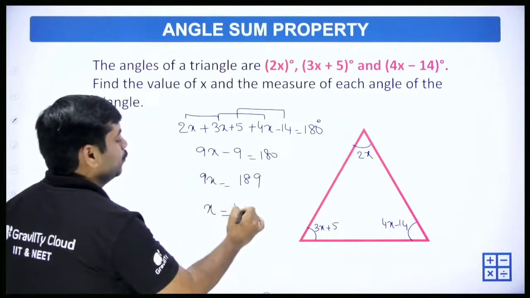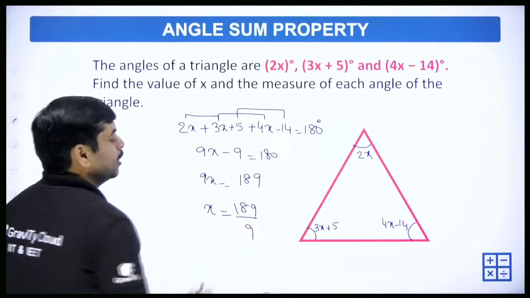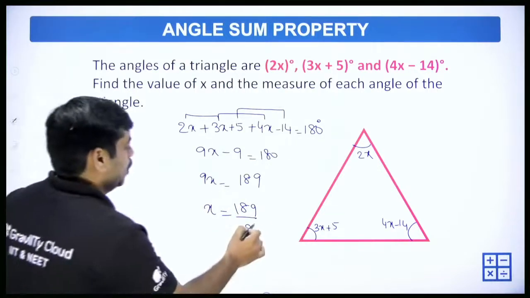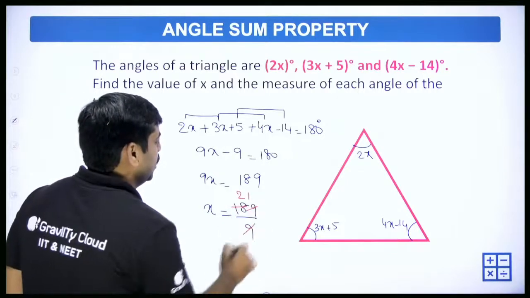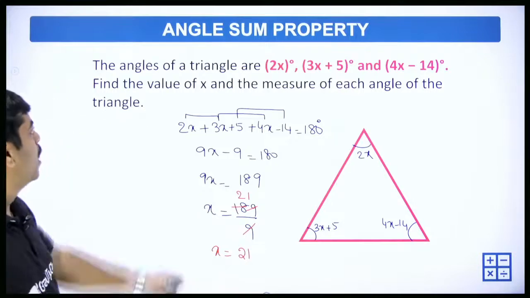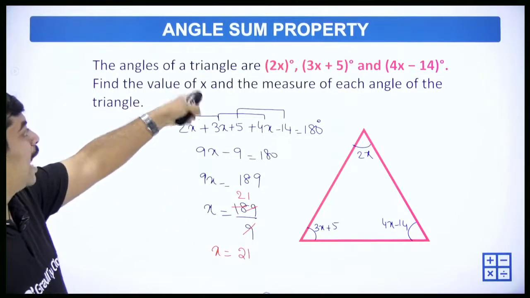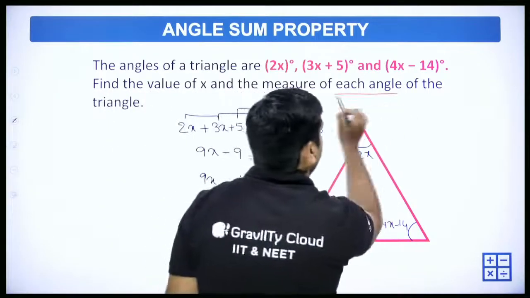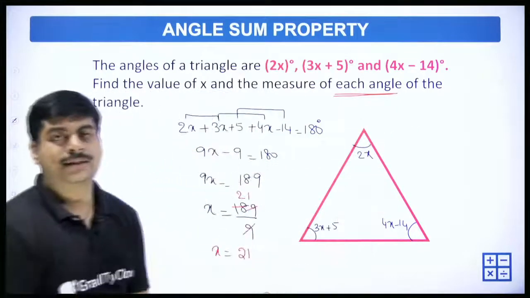So x is 189 by 9. 9 ones are 9, 9 twos are 18, so x will be 21 degrees. X is 21. The question says find the value of x and the measure of each angle, so we need to find all the angles, not just the value of x.